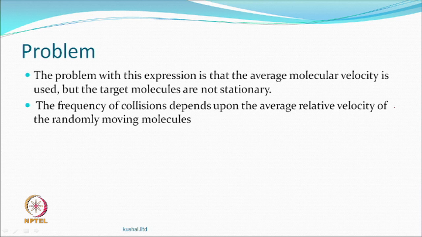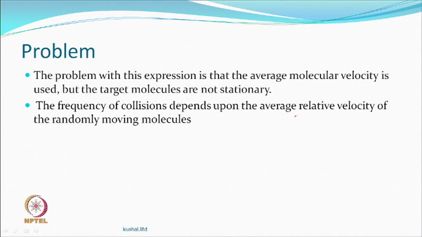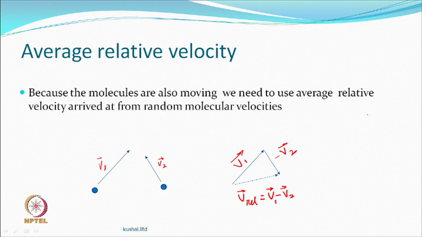None of the molecules is just stationary, it has a velocity in whichever direction it is going, it can still strike, and therefore, the collision will depend on the average relative velocity of randomly moving molecules and not just an average velocity, but average relative velocity. So, you have to find a relative velocity.